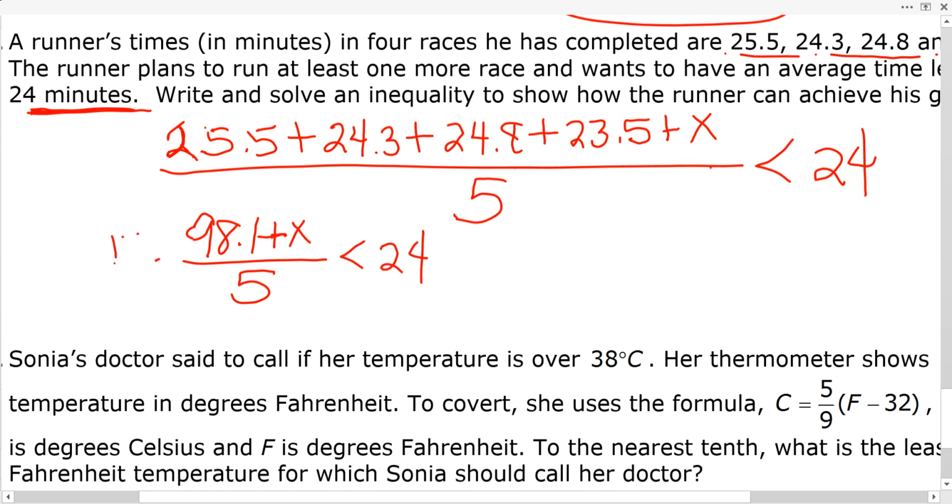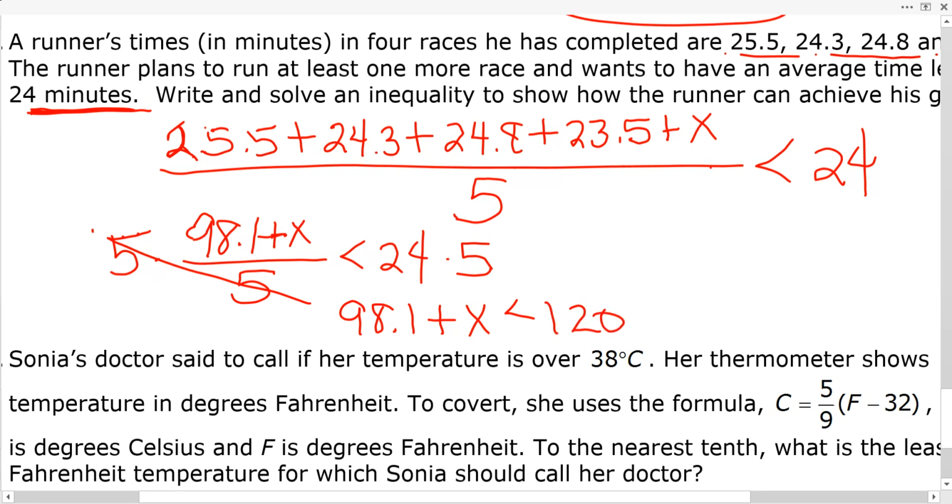So I can multiply both sides by 5, which cancels that out, and I have 98.1 plus x is less than 24 times 5, which is 120. Subtract 98, oops, that's not what I want to do.